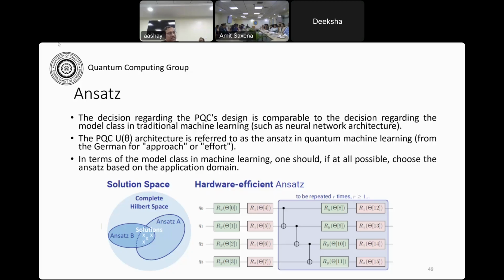Otherwise it will be difficult, otherwise you're out of the solution. And when you design the ansatz, you have to take the hardware into consideration. You are doing U theta, but whether those U thetas can be done in the hardware. So you need to have some input from the technology also, in order to do it very precisely.